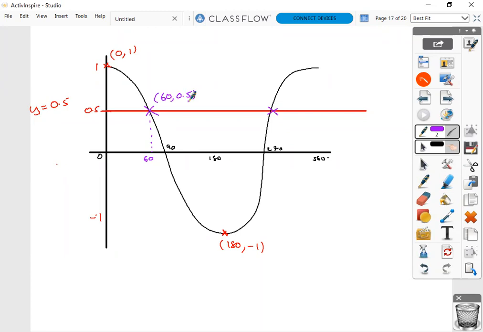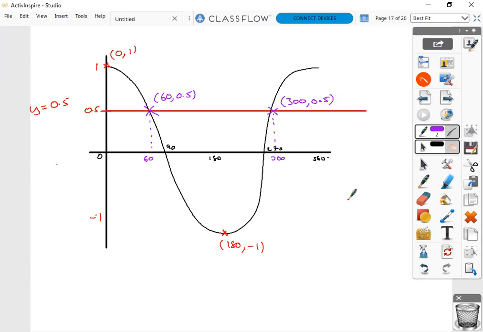But that's not the only time that line 0.5 will cut that. It will also cut that when cos becomes positive again, when x is equal to 300. So another coordinate that line cuts is (300, 0.5).